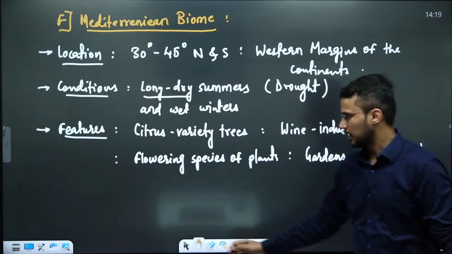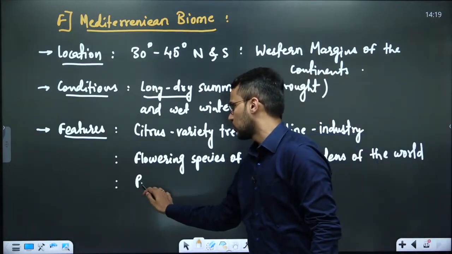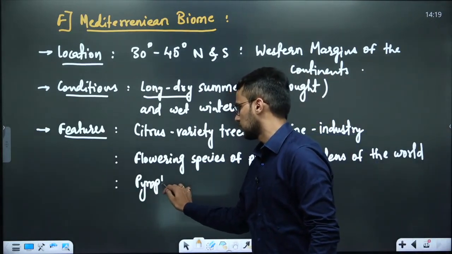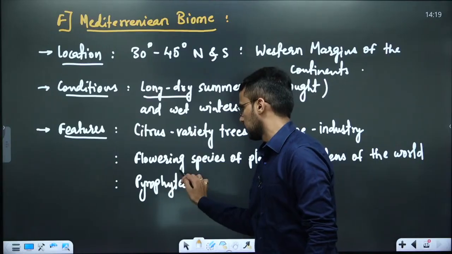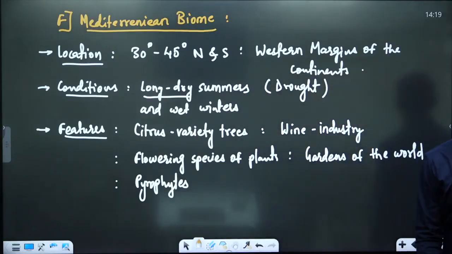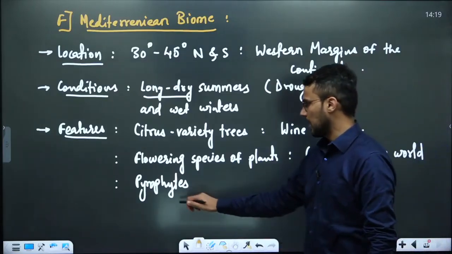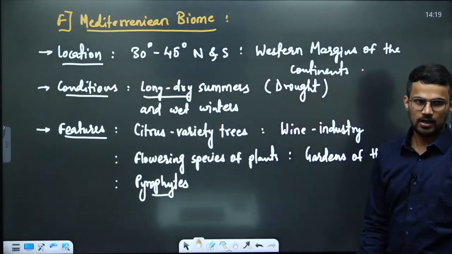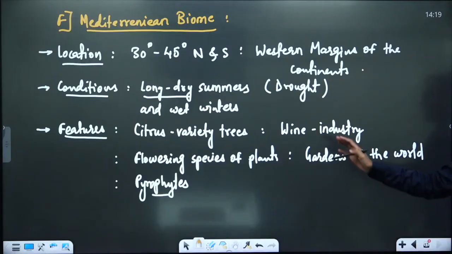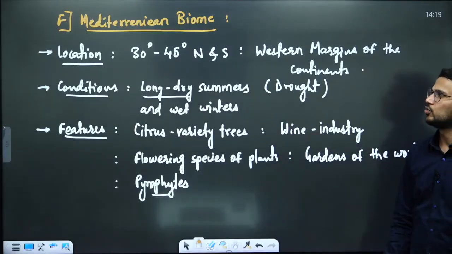Okay. They also have presence of pyrophytes. What are pyrophytes? Fire loving plants. Those plants that love fire are pyrophytes. Okay, so those are the features that you should be aware of.